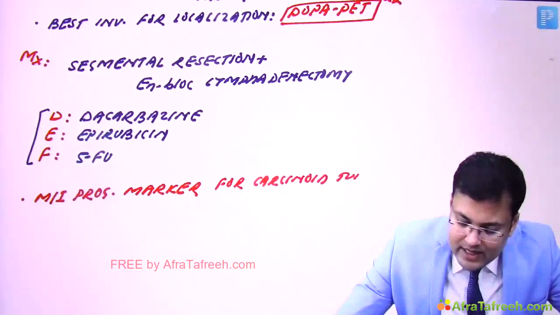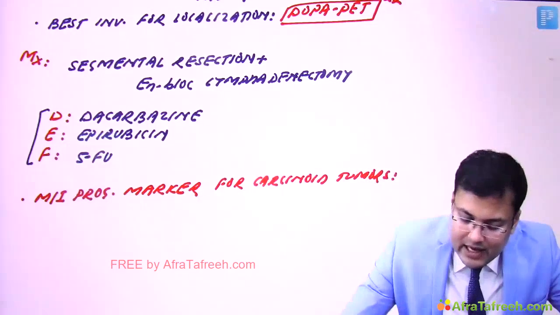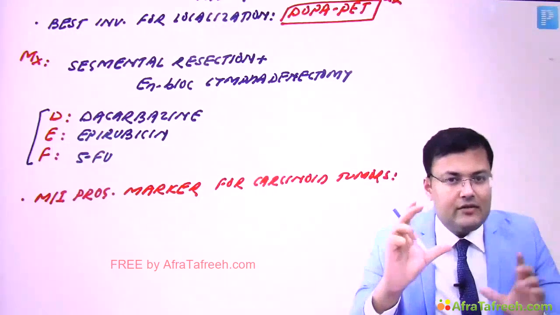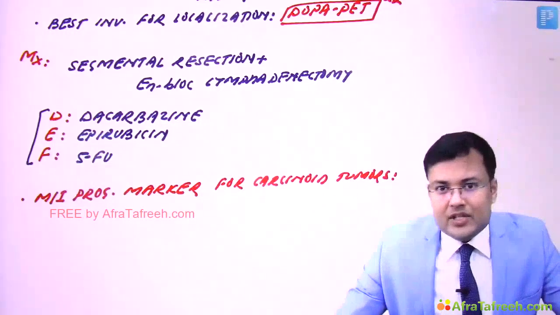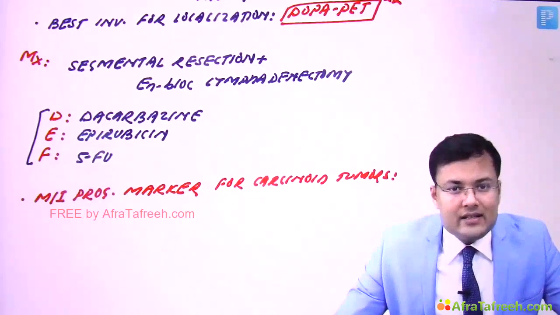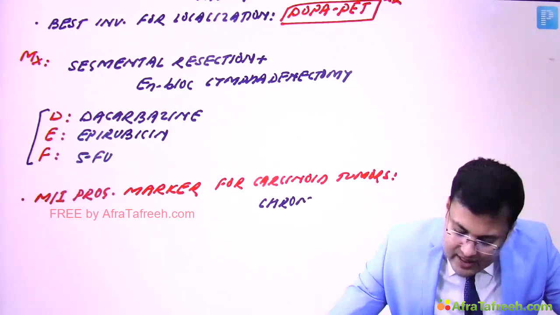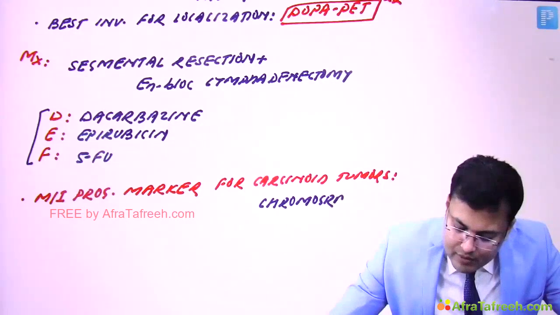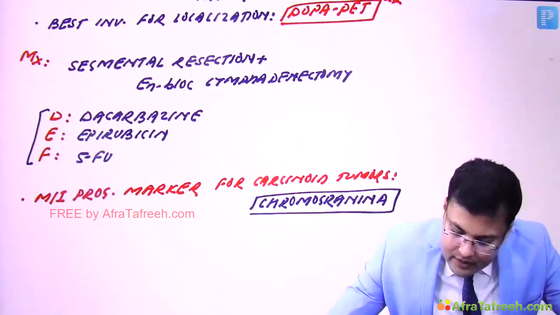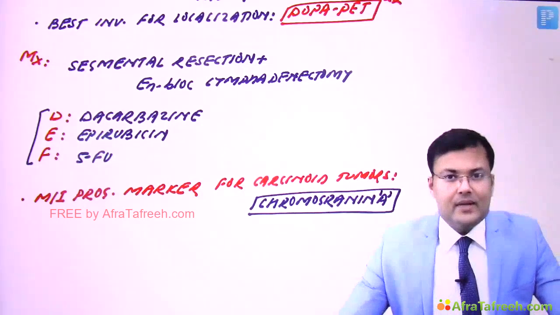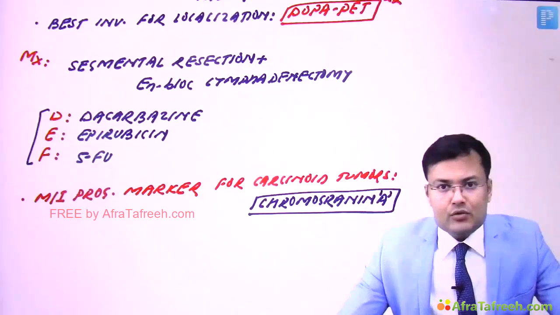This was asked many times, and sometimes they make the language a big question, and it is mentioned that chromogranin A is raised. Clear? So here there is chromogranin A, which is the most important prognostic marker. This is how we manage, and this is the prognostic factor.